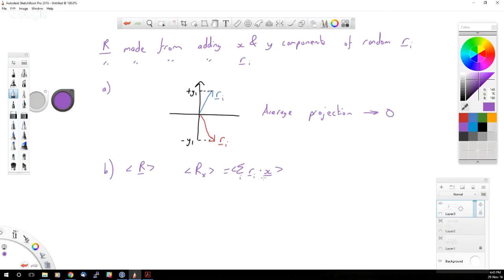But this has to average to 0 because we just said the average projection on every axis equals 0. We also must have the average Ry equals 0 and also the average Rz. So therefore, our average overall vector is 0 in the x direction, 0 in the y direction, and 0 in the z direction. So it becomes the 0 vector.